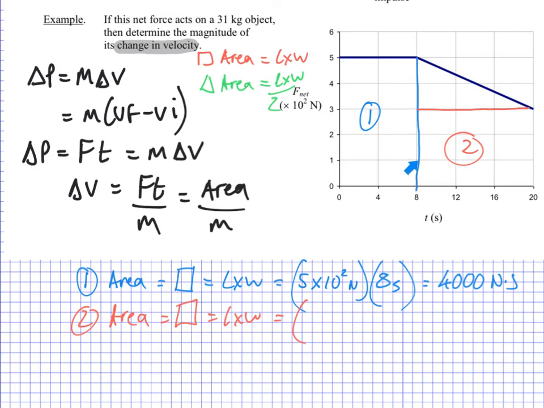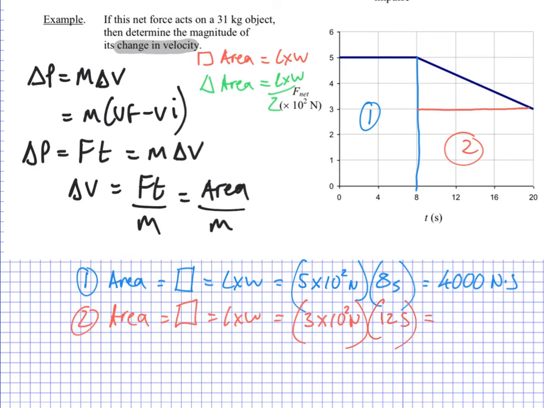I'm going to call this the length. And so that obviously goes to 3. So 0 to 3. So that's going to be my value here, 3 times 10 to the 2 newtons. And then I'm going to be looking at the time. Well, it goes from 8 to 20. So hopefully we can see that that's 12. That's 12 seconds.